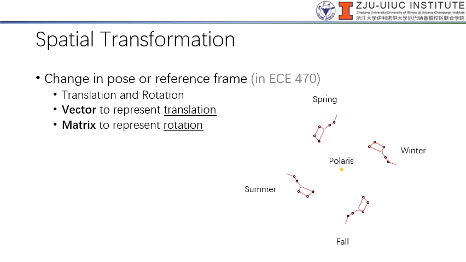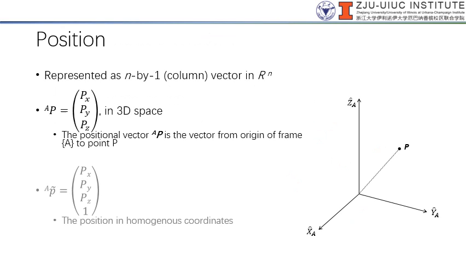Okay, so transformations are kind of like a change in pose or reference frame. So when we change the coordinate system from one to another, it's a transformation operation. Okay, so again, you can use a vector for translation and a matrix for rotation, just like what you have done for your position and orientation. So we will talk more about the application in class again.